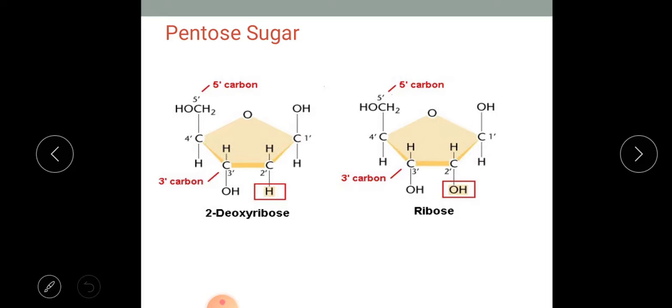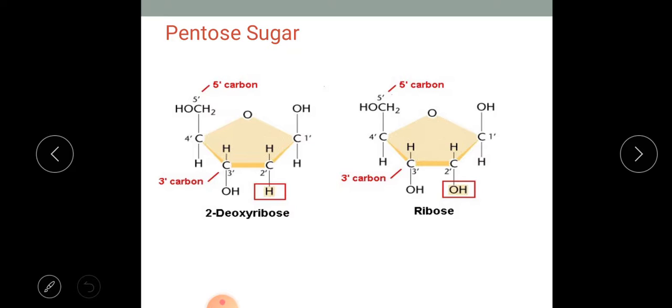Now we discuss what we mean by pentose sugar. Pentose sugar means a carbohydrate containing 5 carbons. That is your pentose sugar. Here one is a ribose, the other one is 2-deoxyribose. Here there are 5 carbon atoms and you can see they are numbered 1, 2, 3, 4 and 5. Actually they are 1 dash, 2 dash, etc., and I will tell you why.